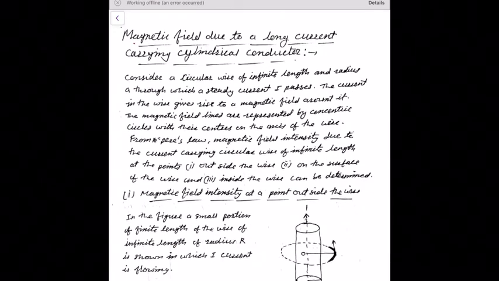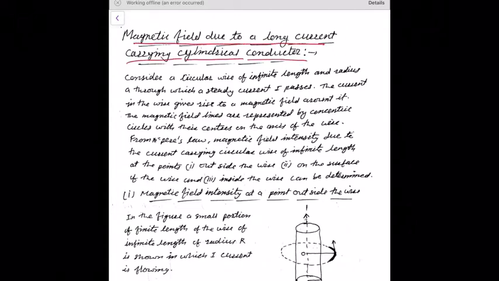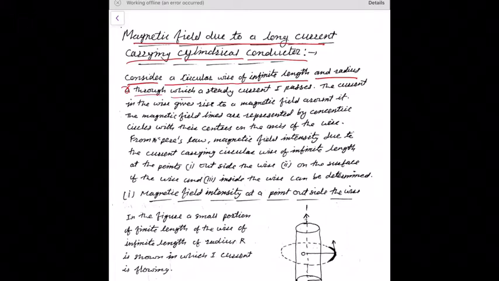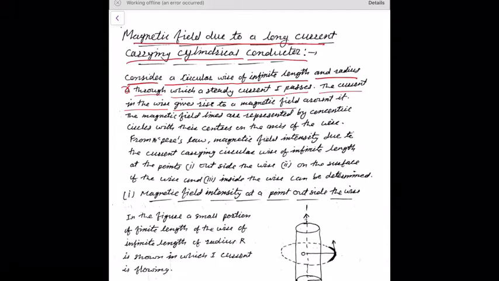Next, magnetic field due to a long current carrying cylindrical conductor. Consider a circular wire of infinite length and radius R through which a steady current I passes. The current in the wire gives rise to a magnetic field around it.